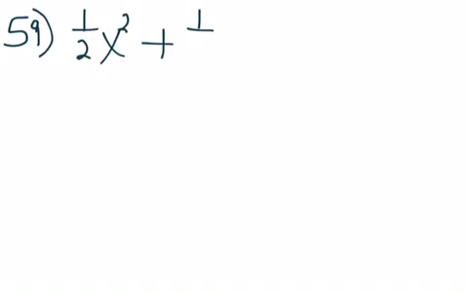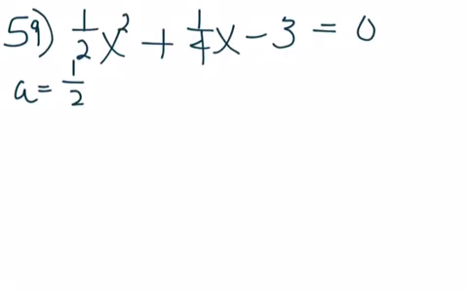Now let's look at number 59. 59 has 1/2 x squared plus 1/4 x minus 3. So A is 1/2, B is 1/4, and C is -3. I know how much you dislike fractions, but you have a calculator.